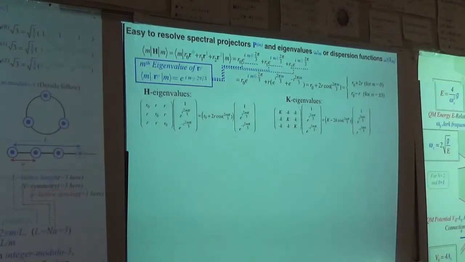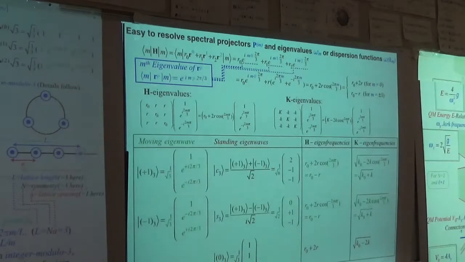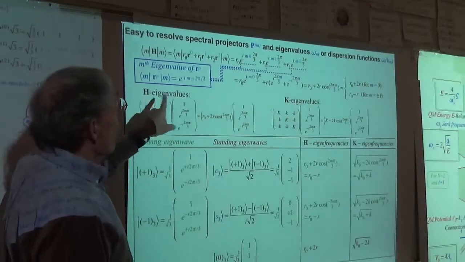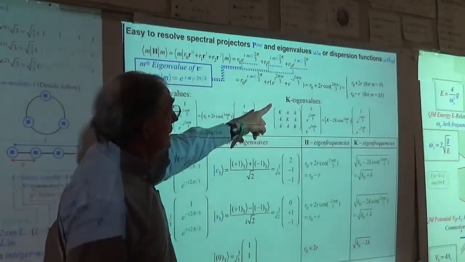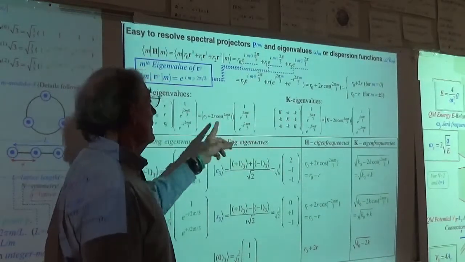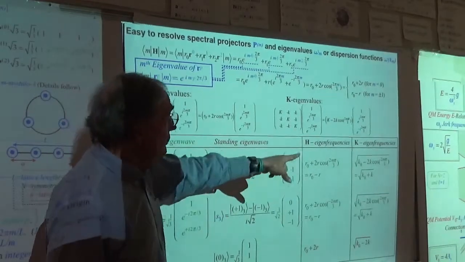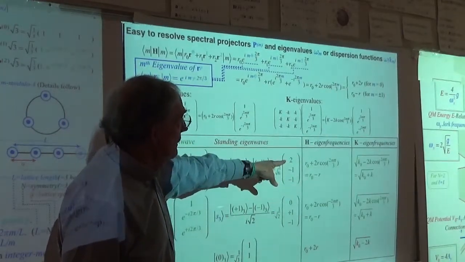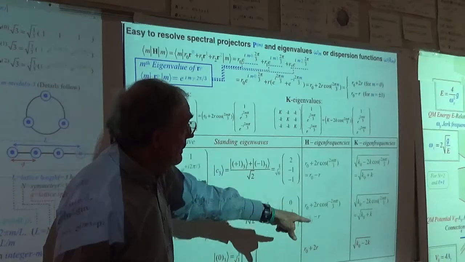So the actual frequencies in quantum mechanics, as we've pointed out a number of times now, are the eigenvalues of this guy, or the square root of the eigenvalues of that guy, which are the same as the eigenvalues of this. So you have to put a square root on everything you got in the H matrix in order to get the eigenvalues for the K matrix.